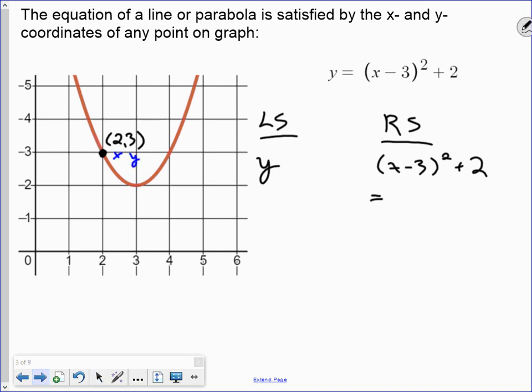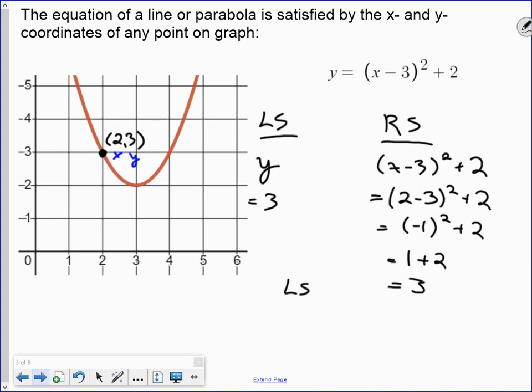My y is just going to be 3. My x, I sub in a 2, so that'll be (2 minus 3) squared plus 2. 2 minus 3 is negative 1. Negative 1 squared is just 1, and 1 plus 2 is 3. So left side equals right side. The point 2, 3 satisfies the equation of the parabola.